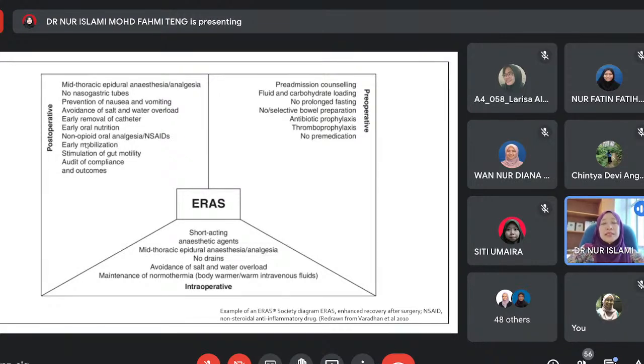Patients after operation, like the C-section case earlier, can walk, not just lie down, you must walk, because it can improve your blood circulation, and the more you move, the more it improves wound healing.